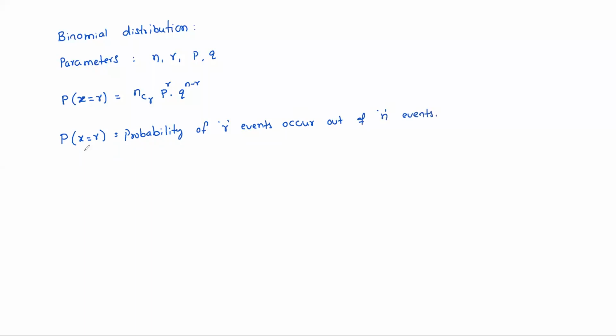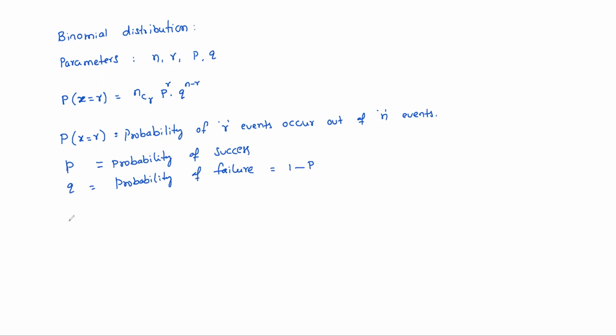Okay, small p is the probability of success, q is the probability of failure. Probability of failure plus success equal to 1. That means q is nothing but 1 minus p.